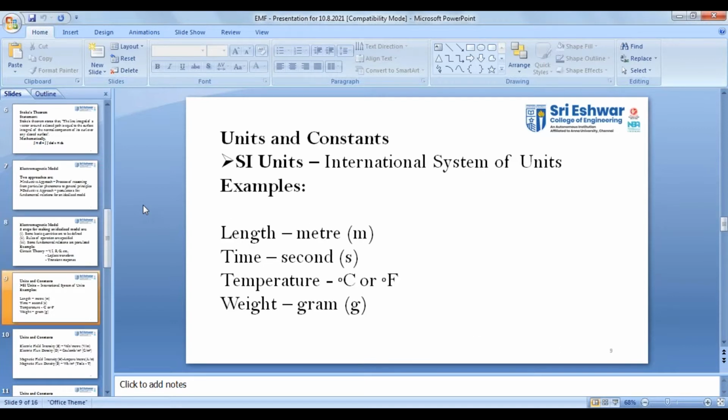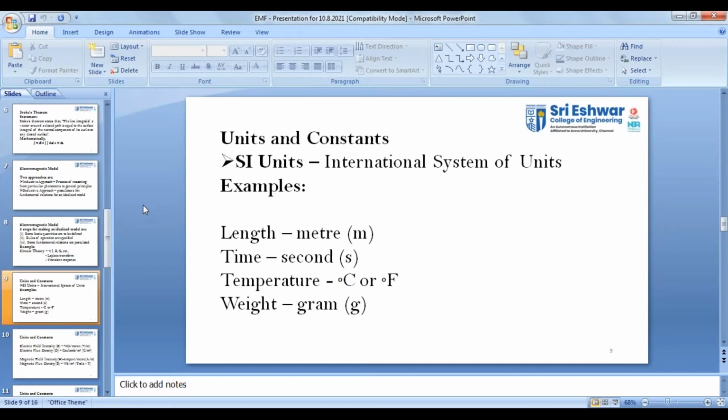These things are just a base again. Units and constants is a general topic. What is meant by SI units? SI stands for International System of Units. For example, length is measured in meters. Time is expressed in seconds.